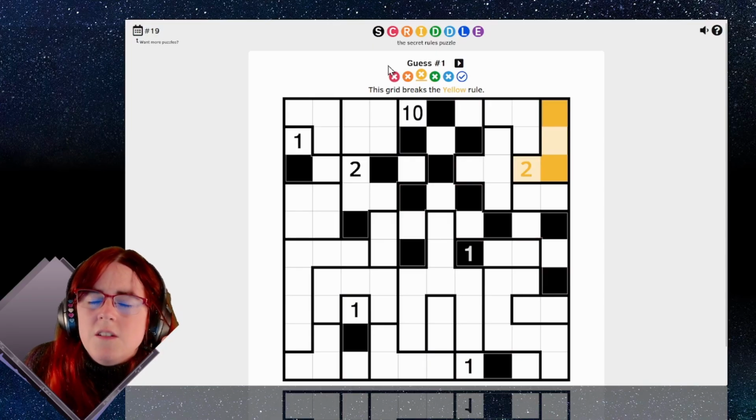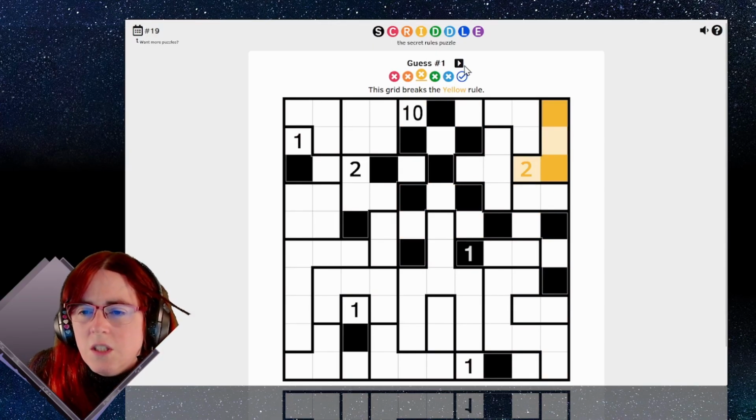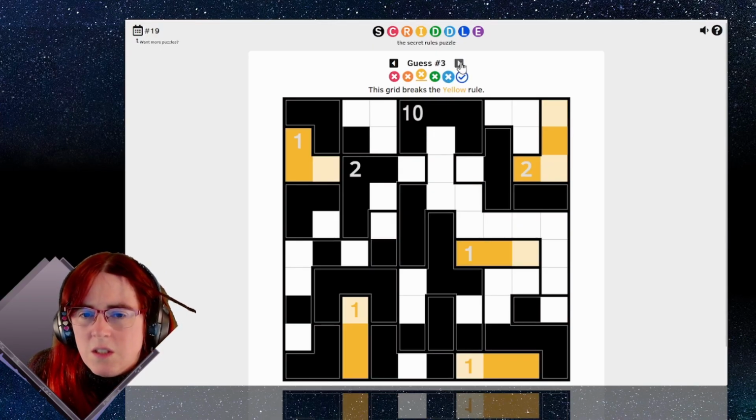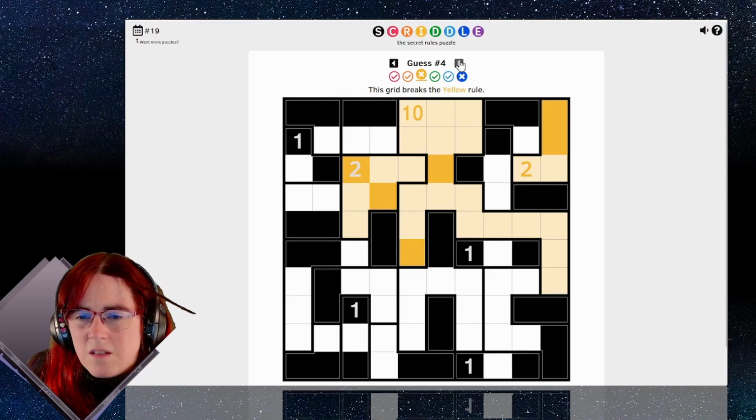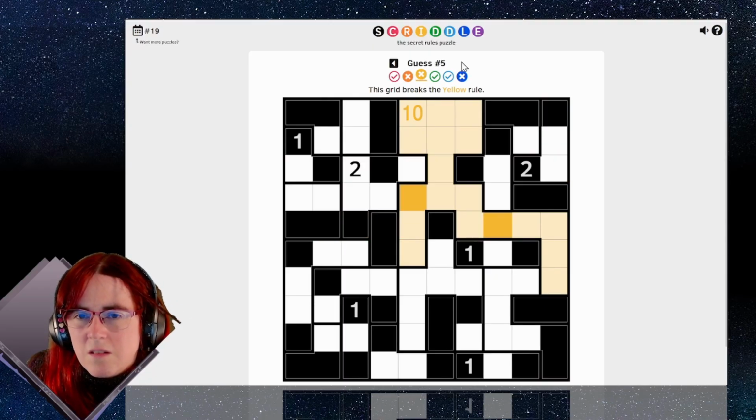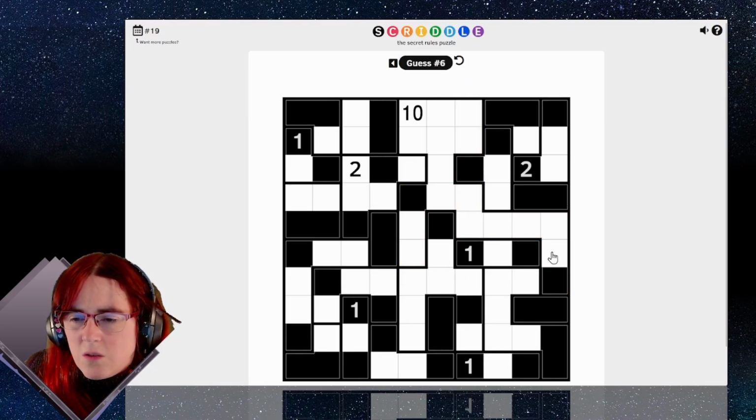Does it only test the rule at all when you have exactly 2 shaded cells? We can test this rule, right? So we can put 1 here and count from 1, 2, 3, 4, 5, 6, 7, 8, 9, 10.